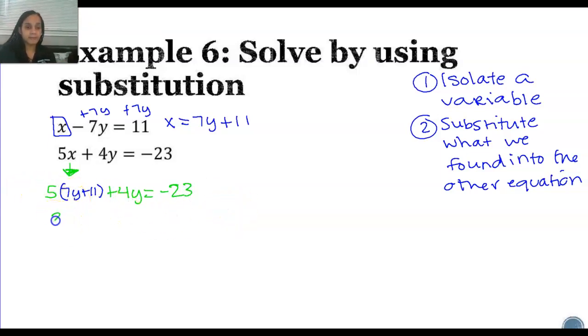So first distribute. And then solve how you know how. So I'm going to combine like terms.